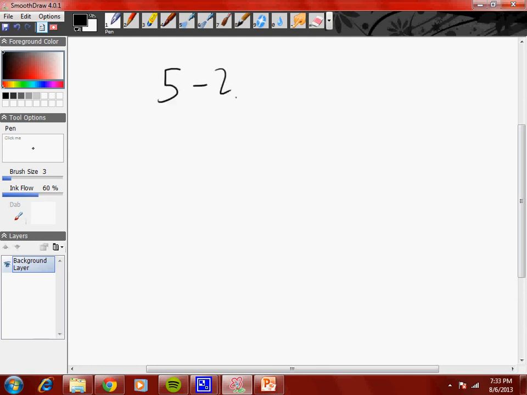Multiplication and division is virtually the same thing, except you're multiplying and dividing. What would have happened here is, if you do 5 divided by 2.0, then your answer will be 2.5, right?